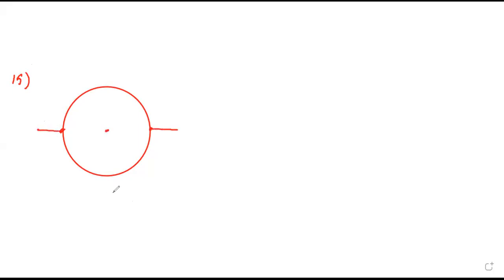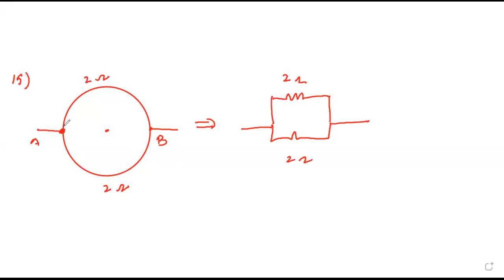We want effective resistance. That means upper half, lower half are equal or unequal? Yes. Total resistance is 4 ohm. Upper half, lower half are same or different? Total is 4, upper half 2, lower half 2. Now, how are they connected? Can you imagine? Series or parallel? Between A and B, upper resistance I have shown 2, lower resistance I have shown 2.